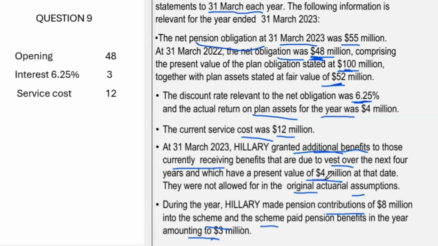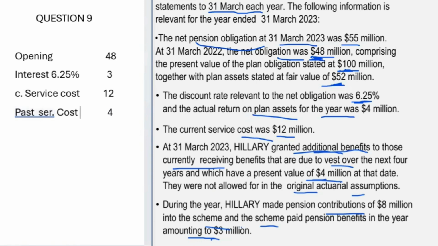So it's an amendment, and we said plan amendment is part of the service cost, mainly past service cost. So we have current service cost of 12 and then past service cost of 4, that's the amendment.